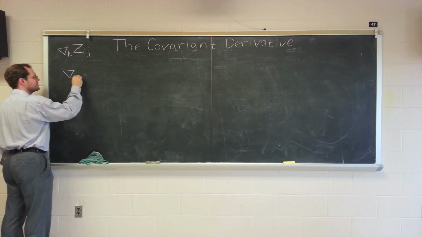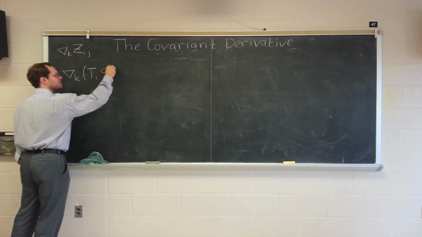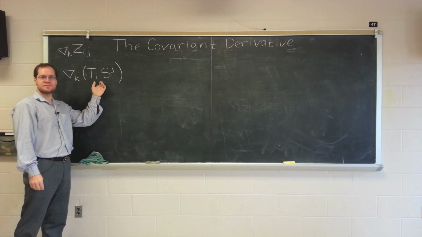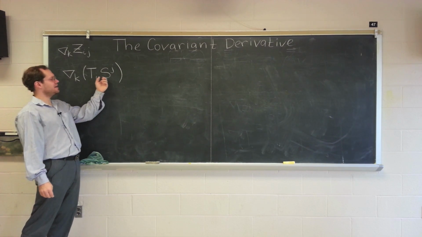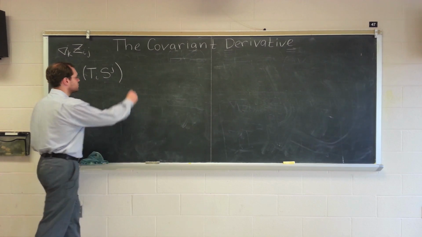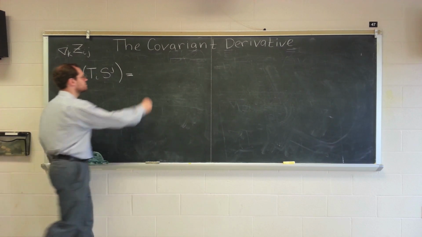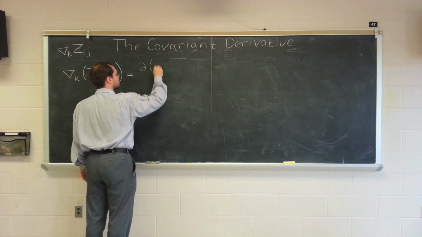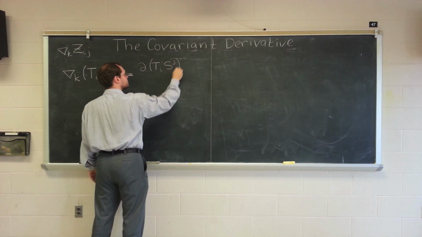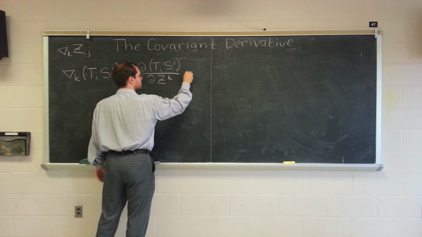Let's just do it in the case of one example, something like T^i multiplying S_j. Of course, the sky's the limit for the sorts of products you can imagine, S, T^ijk, whatever. But let's just consider the simple one, and it'll become apparent that it works always. So by the definition, it's the partial of this, d(T^i S_j)/dz^k. They're not vectors.